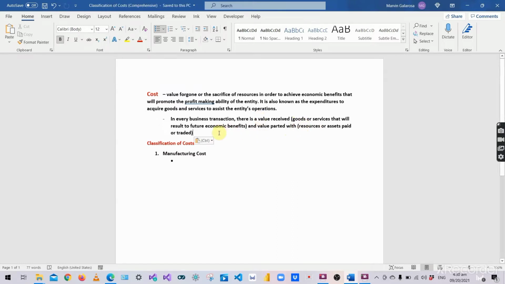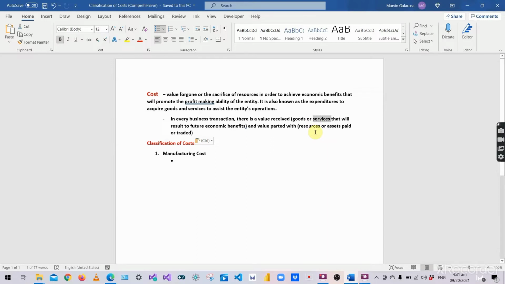Let's give a concrete example. So sa isang business, there is what we call the marketing department. So yung employees na under ng marketing department, ang value na nare-receive na company mula sa kanila ay ang kanilang services.